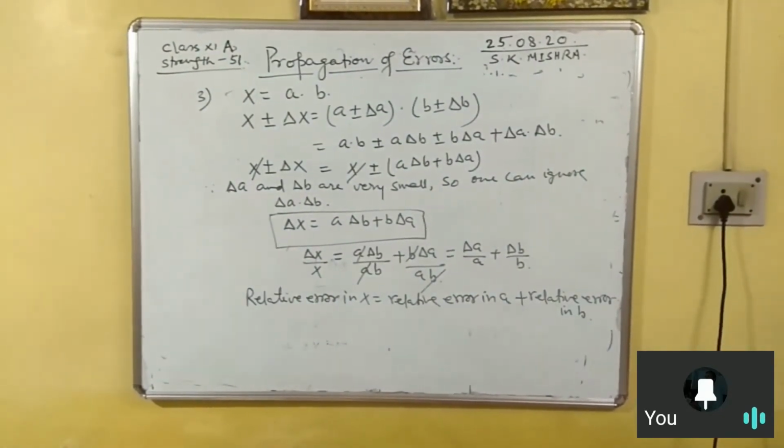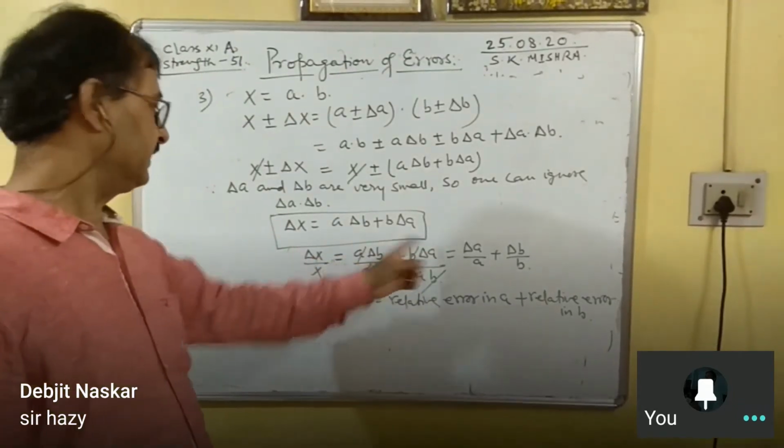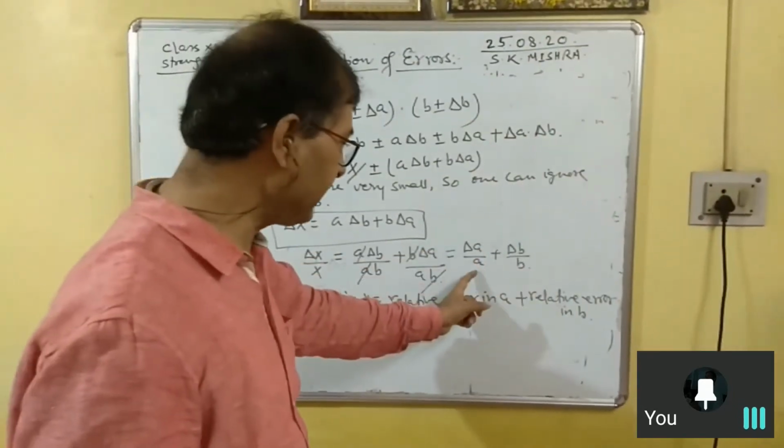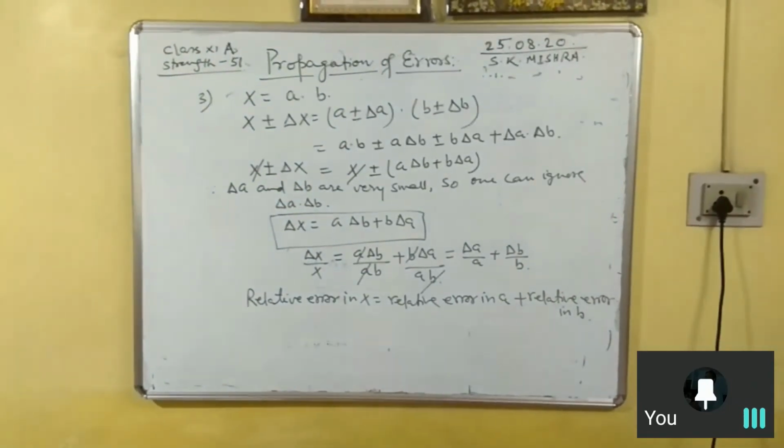Relative error in x is equal to relative error in A plus relative error in B. Delta x by x is equal to delta A by A plus delta B by B. Okay, take the snapshot.